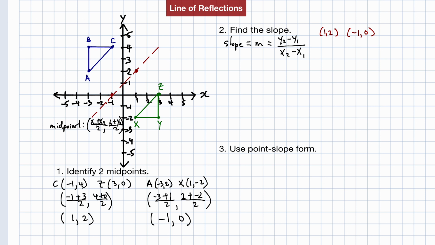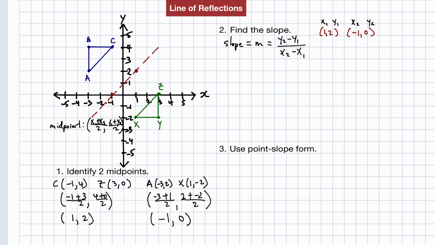Now just for the sake of clarity, I'm going to go ahead and label these so that you know which one is which. I'm going to say that this is x1, and this is y1, and this is x2, and this is y2. So let's go ahead and plug these into this equation.